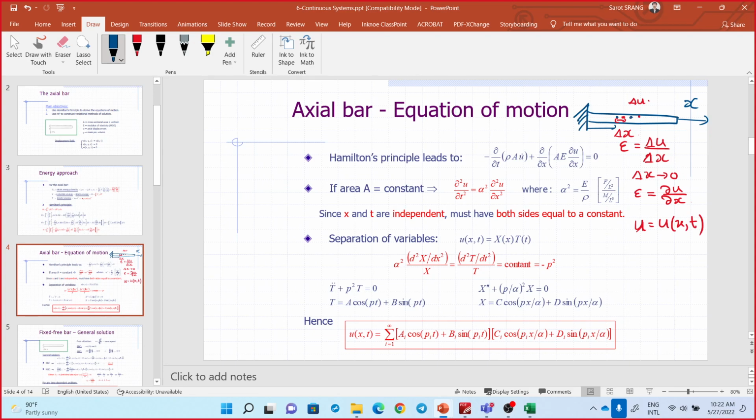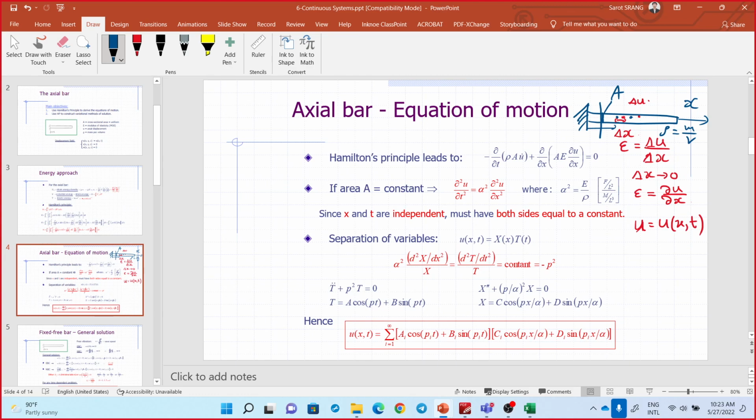Okay, so here is the final equation of motion, where rho is density, mass per volume. So rho is m over the volume v, and A is the cross-sectional area, like this. And E is Young's modulus.